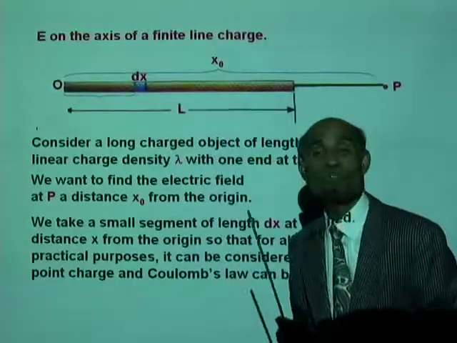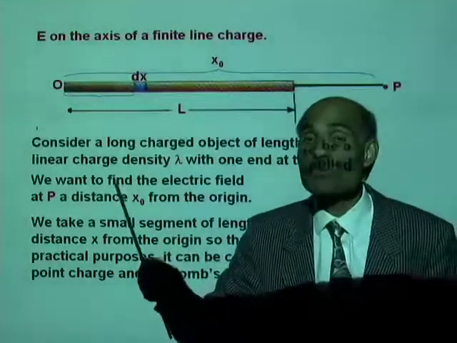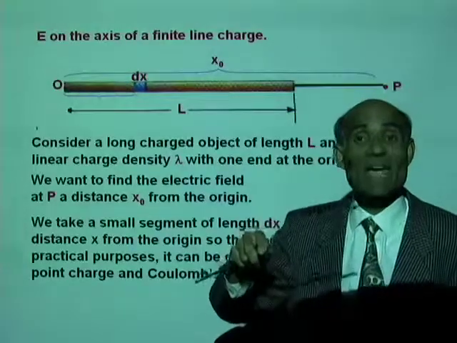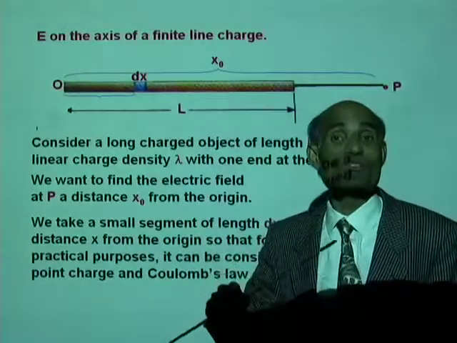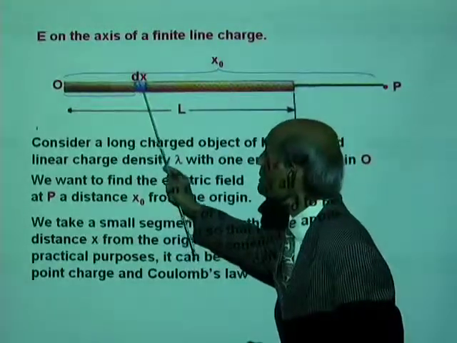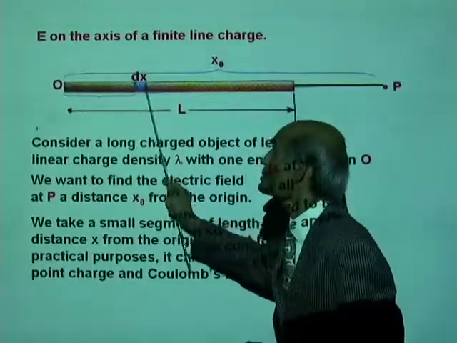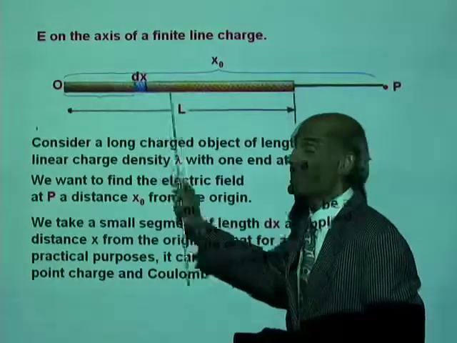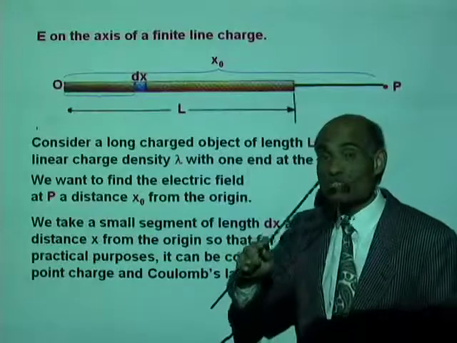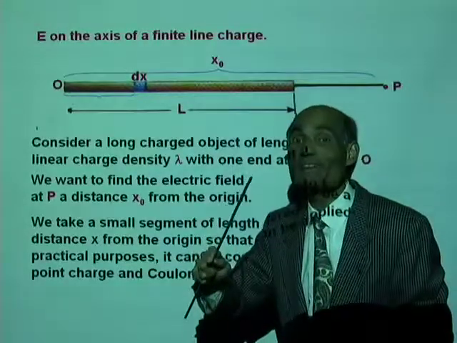What is the equation for electric field at a point due to a point charge? It is kq over r squared. Well, tell me, what is the charge on this small segment? The linear charge density is lambda. In other words, charge per unit length.